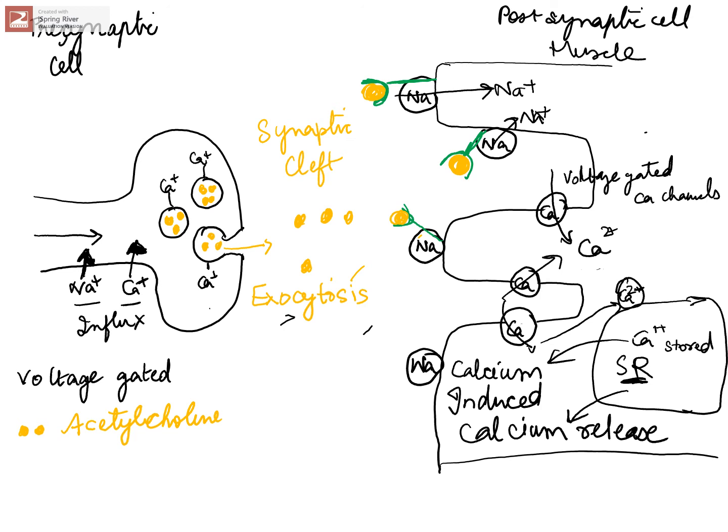The sarcoplasmic reticulum releases a lot more calcium ions into the muscle cell. This is called calcium-induced calcium release from the sarcoplasmic reticulum. These released calcium ions attach to the troponin, which is on the actin. Troponin changes conformation, opens up the binding site, and allows the myosin head to bind to actin and causes contraction.